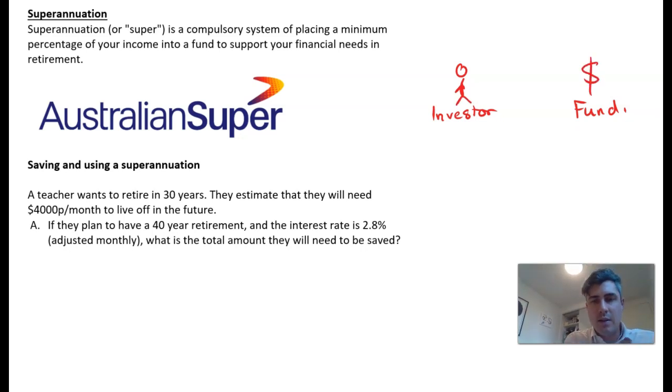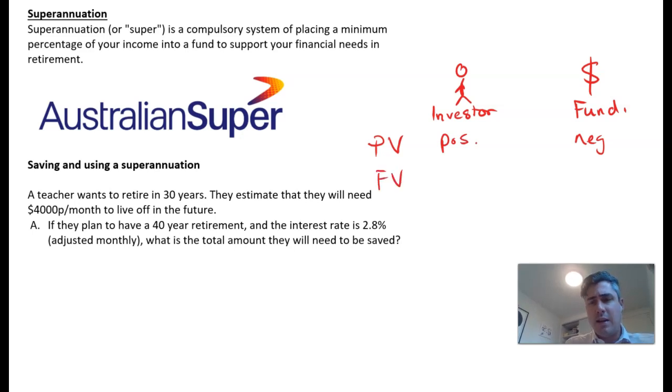You need to think about which way the money's going, and therefore what should be positive and what should be negative. For example, with PV, if the money's in the fund, then it should be negative. If the money is with the investor, then it should be positive.